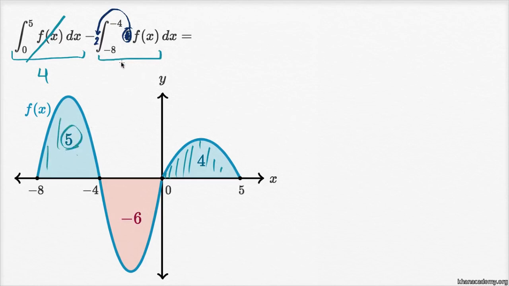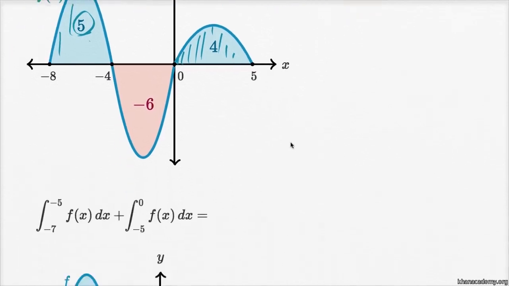It's this area they're talking about. So this is all going to simplify to 4 minus that 2 that we brought out, minus 2 times 5, which is equal to, let's see, 4 minus 10, which is equal to -6.